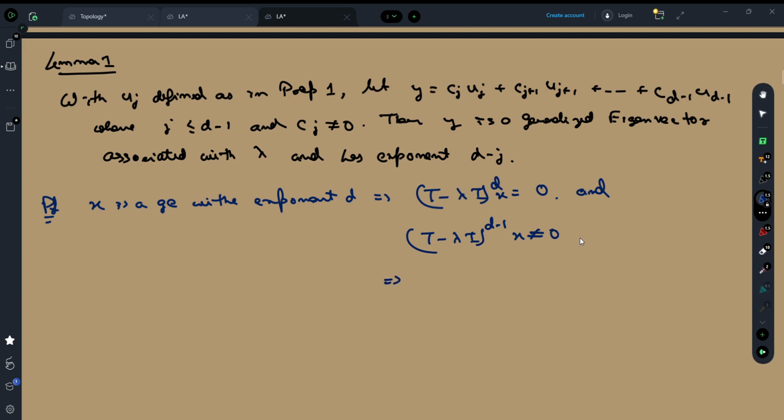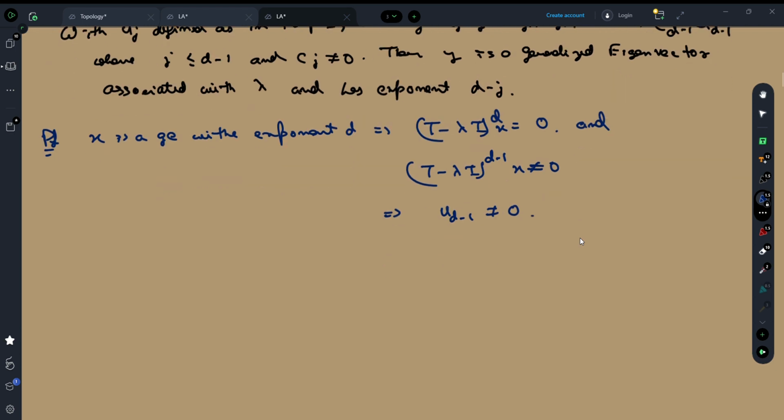By definition, that is ud minus 1. So ud minus 1 is non-zero.